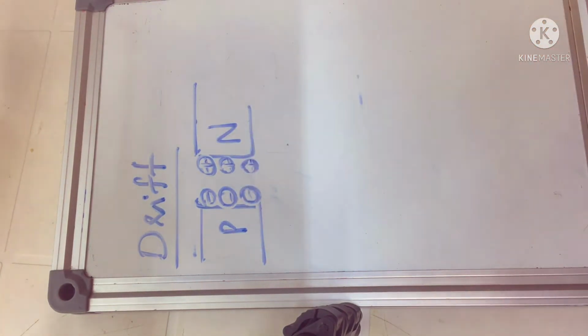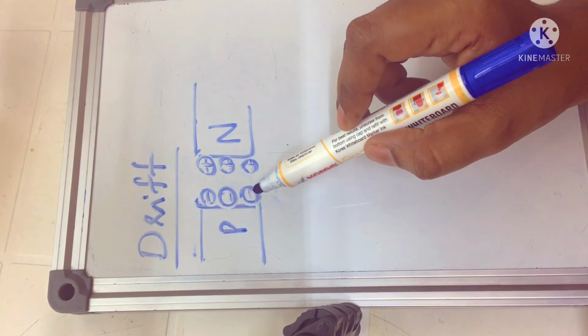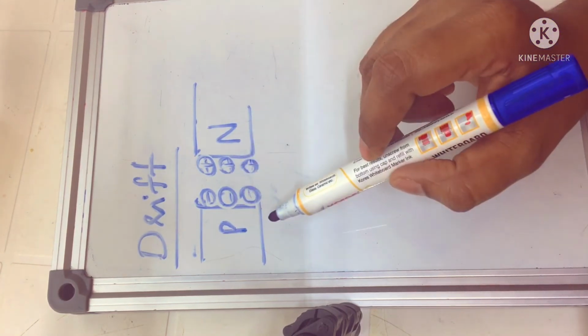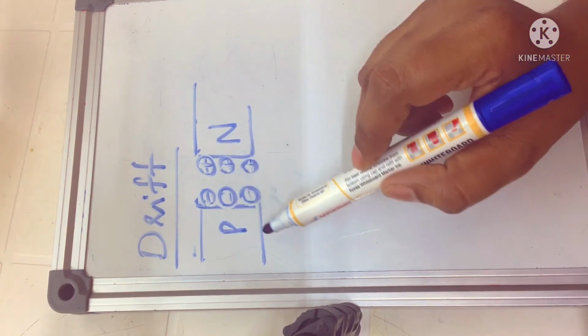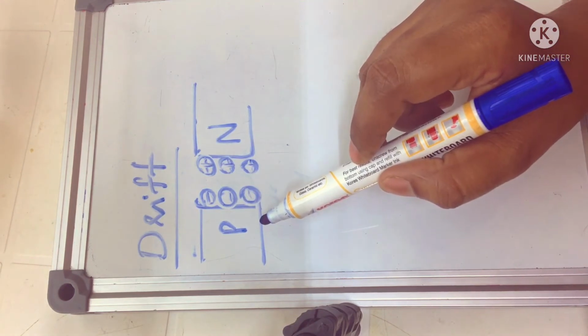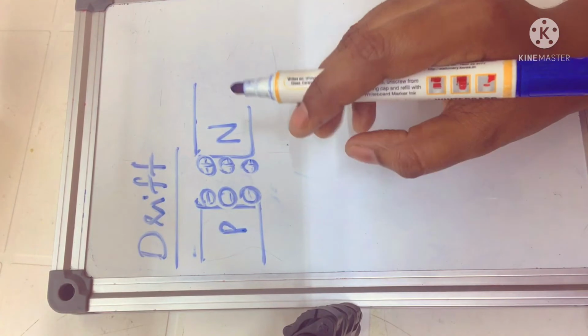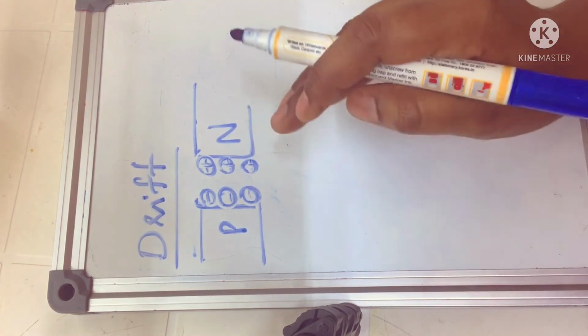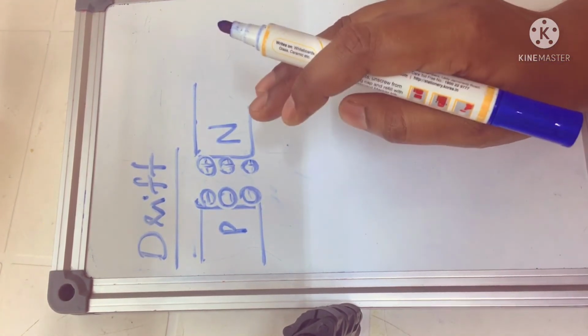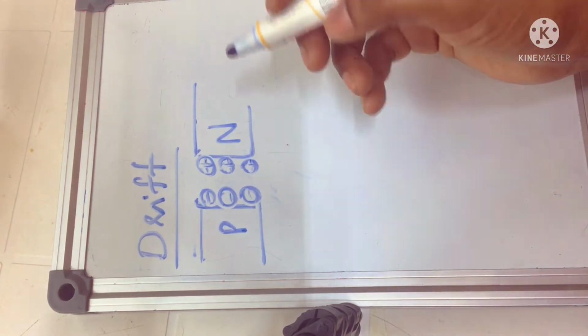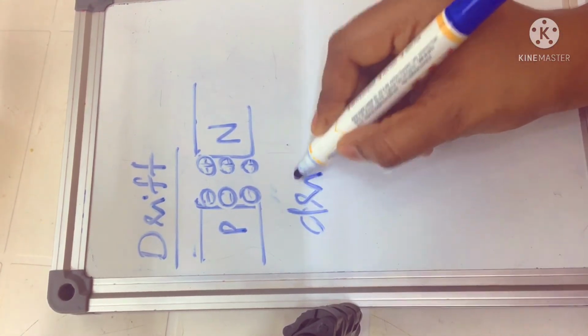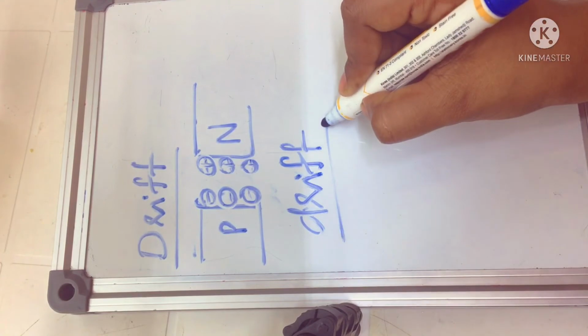Due to the diffusion, a depletion region occurs, so an electric field occurs. Due to this electric field, holes on the n side tend to move to the p side and electrons on the p side tend to move to the n side. So due to the electric field, there is a motion of charge carriers. This movement is known as drift.